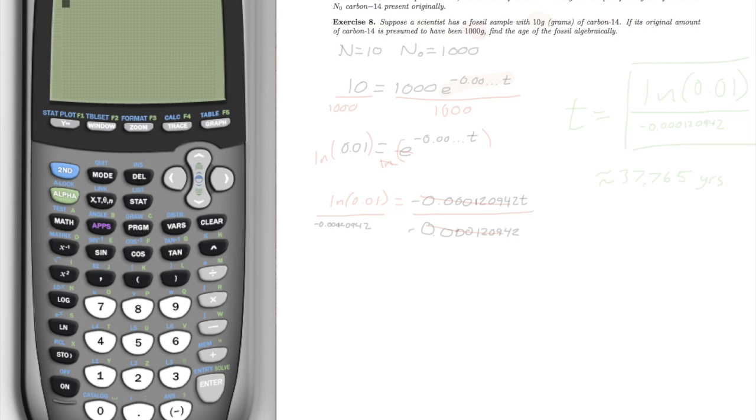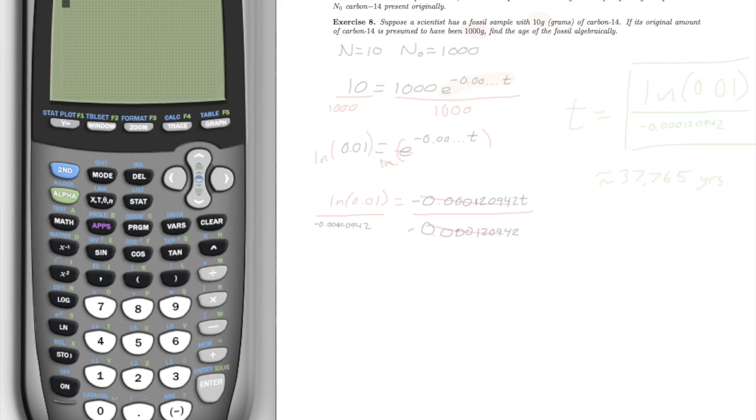So the formula that relates these two things is that one up above. We know N is our current value. We're in the future relative to the initial start of this problem. So if N is equal to 10 grams, and N sub 0, the initial amount we think, was equal to 1,000 grams, we can omit the units if they're the same units.